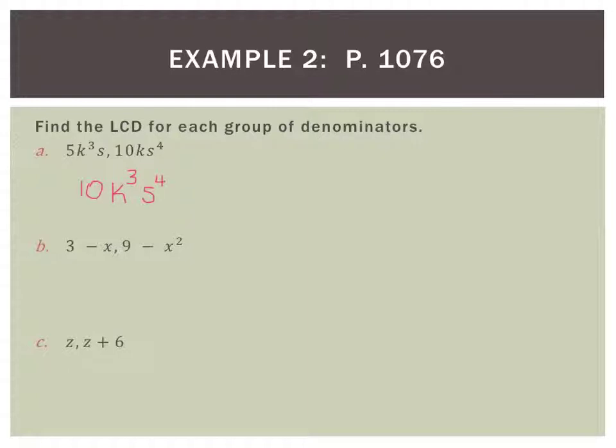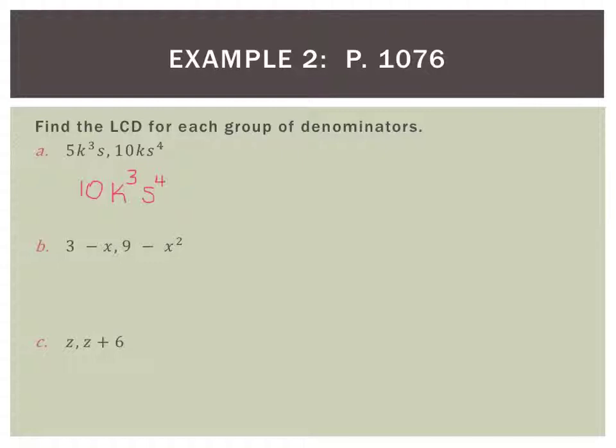So it's always going to be the highest exponent that's there, because if I have k and k cubed, if those are denominators, I can't make k cubed multiply just to k, but I can multiply k times k squared to make it multiply to k cubed. Okay, so it's always going to be what they can multiply to.